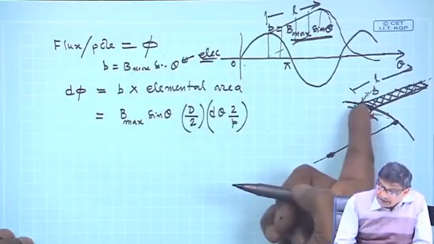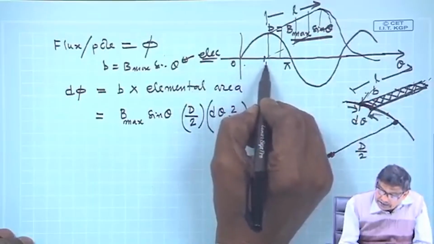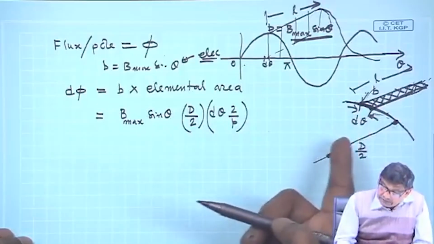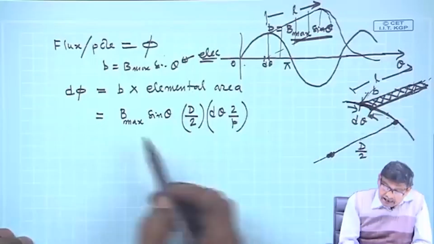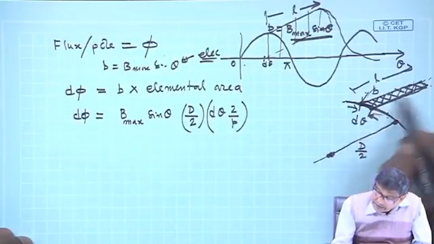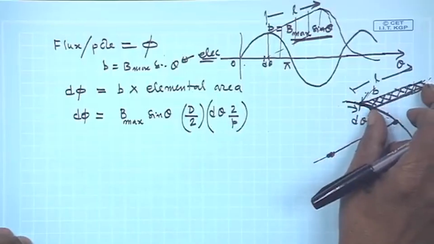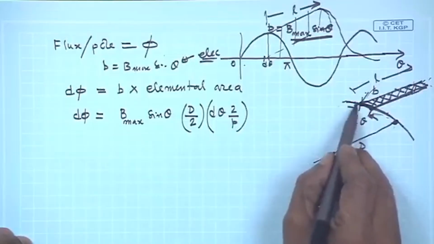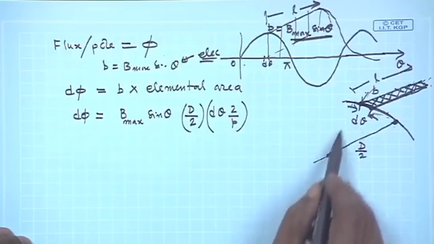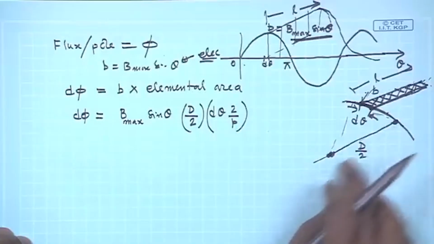So, take a mechanical angle corresponding to d theta, you have moved by d theta here, electrical angle, fine. But to calculate the flux there, elemental flux d phi, you have to multiply with this elemental area. Now, what is it? It is a small rectangle spanning over the length L, where D by 2 is the radius of the rotor, and these distances are mechanical.